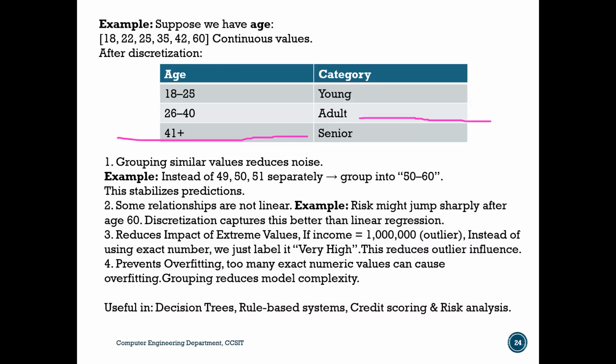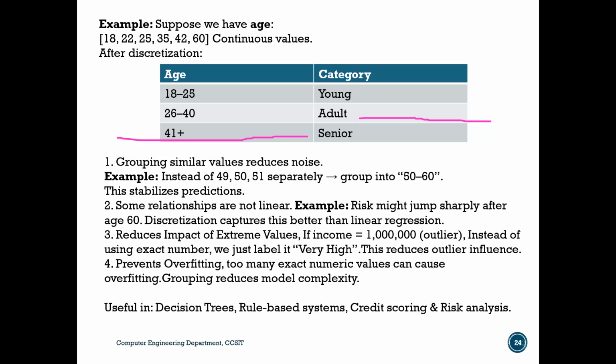Suppose I have this data set, and in this data set I have a range, right? You can see these values: 18, 22, 25, 35, 42, 60. So this is continuous data, and I have a huge amount of it. What will I do? I want to reduce the noise by grouping them.